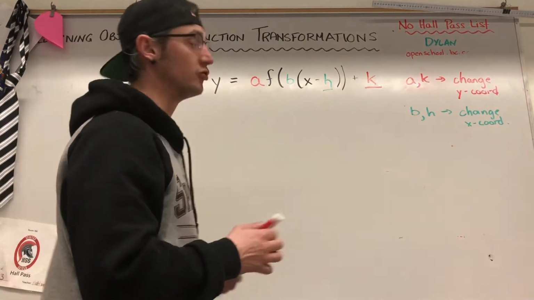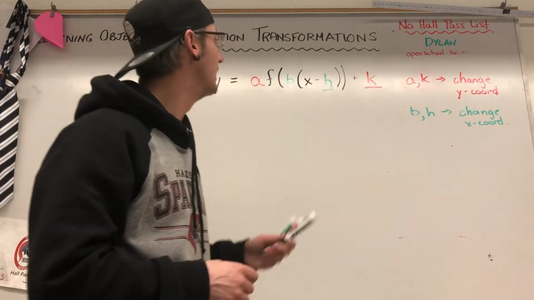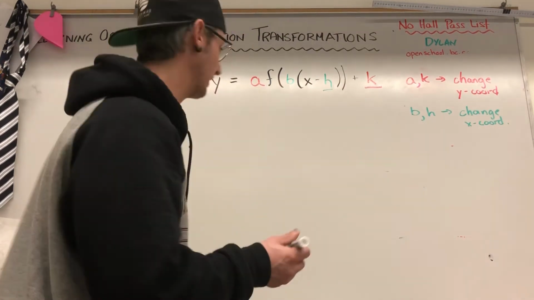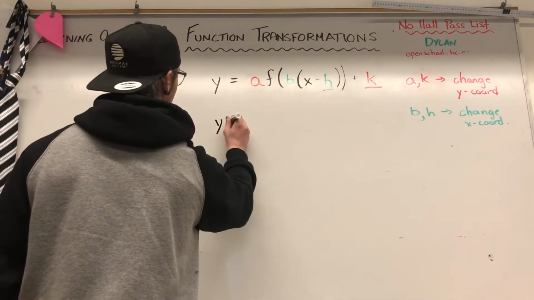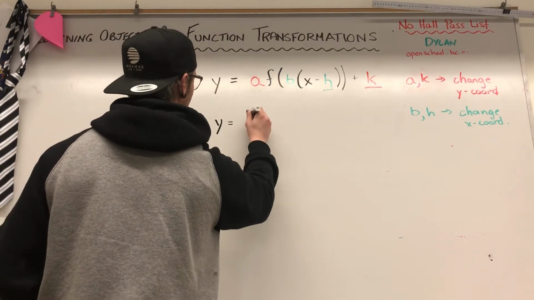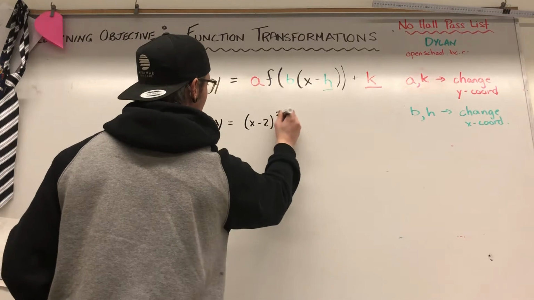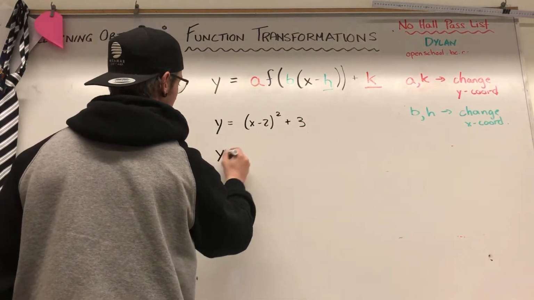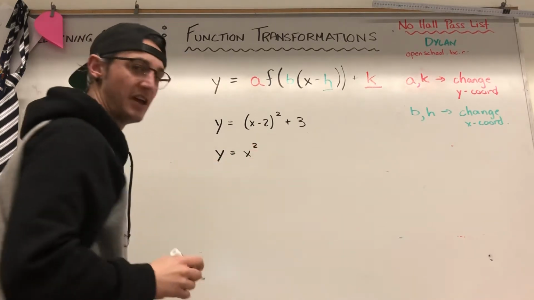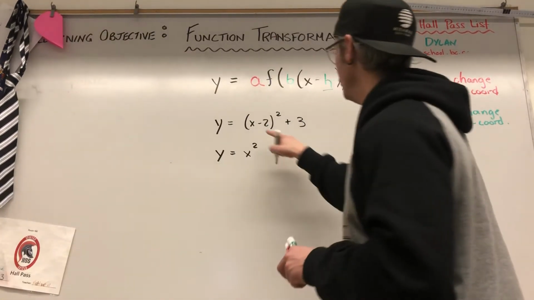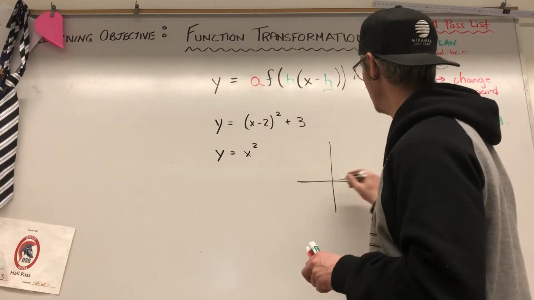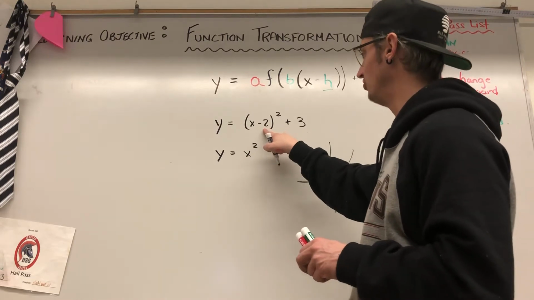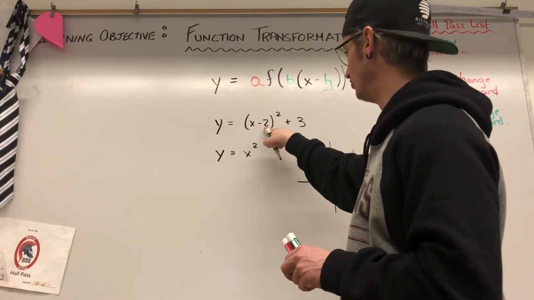So if we recall from quadratics, we had p and q, and p and q represented, in a quadratic function, the vertex. So if I had y equals (x minus 2) squared plus 3, that would represent a translation of my baseline y equals x squared, where I would move my vertex, my original would be right here, and I would move mine 2 units to the right, because h is going to be equal to 2.